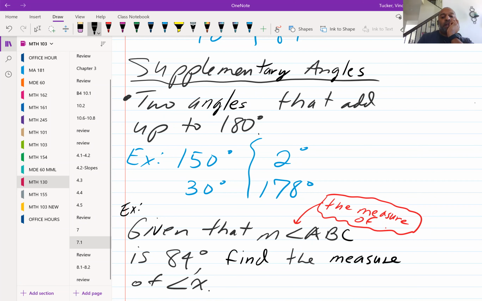So it says, given that, notice we have the symbolism here, M, then an angle, ABC. So that represents the measure of angle ABC. We're gonna put ABC in there, or I could write the measure of angle ABC.